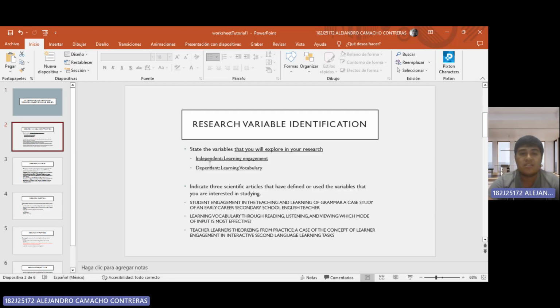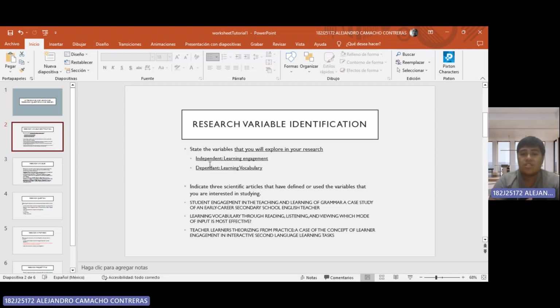The first part is research variable identification, where I can find two of them: learning engagement and learning vocabulary. The first one is my independent variable, and the second one is my dependent variable.